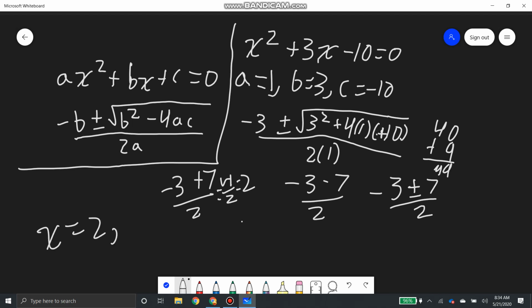We still haven't done this part, so we'll do that right now. Since there's a negative right here, we'll have to switch things up, and we should get negative 10 over 2, which is negative 5.